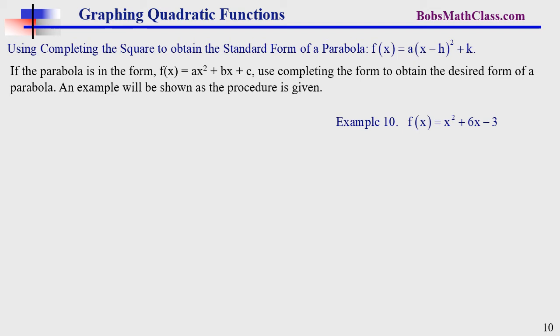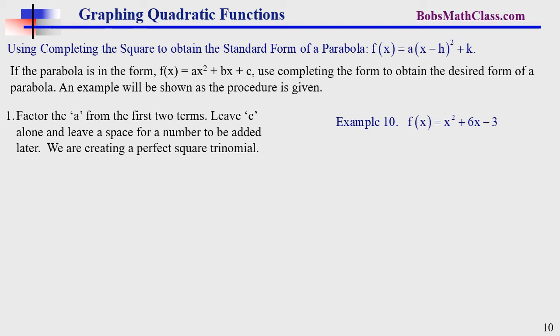That's the procedure, but we're going to do it a little bit different because we don't want to add to f of x. All right, so the first thing is we're going to factor the a from the first 2 terms. Last time we divided by a, but this time we're going to factor the a. This one doesn't have a number in front of the x squared. So we're going to leave c alone, but we're going to leave a space for that number to be added later.